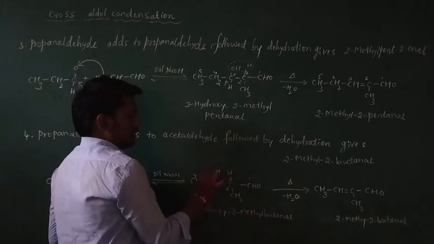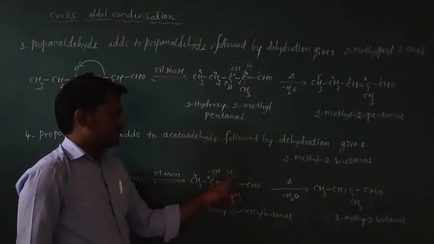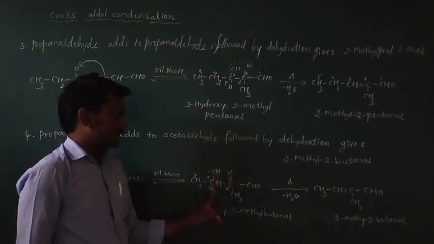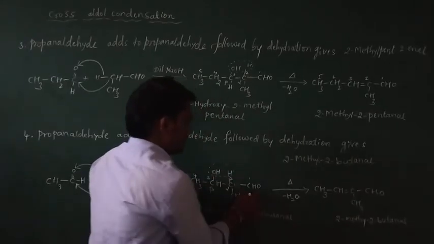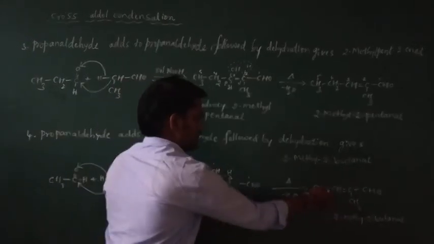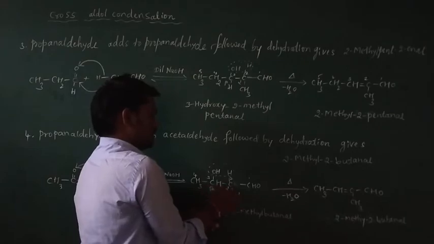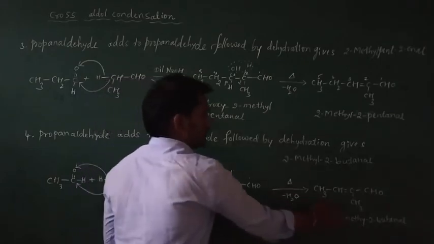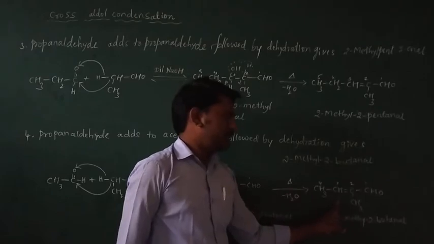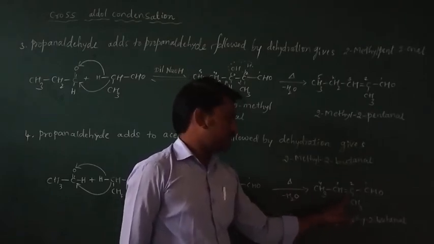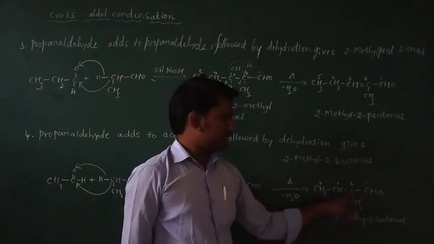Water is removed, hydrogen from the alpha carbon and OH from the beta carbon, to form the aldol condensation product, CHO, C, CH3, double bond, CH, CH3, because removal of water forms an unsaturated compound. It has 1, 2, 3, 4 carbons, so butenal, with a methyl branch and a double bond, both at the second carbon.